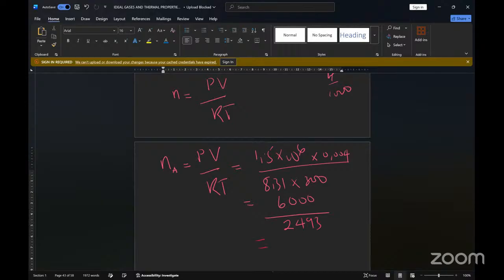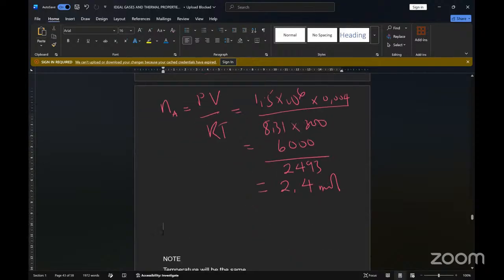So when you divide, you're going to have 6,000 divided by 2,493. We are going to have our Na is 2,4 mole. That is the first one. Then we go to the next one.